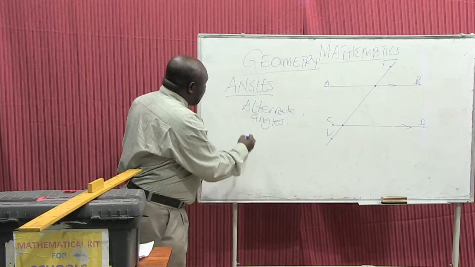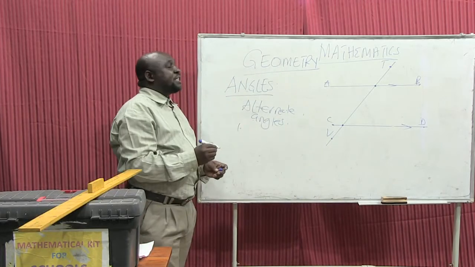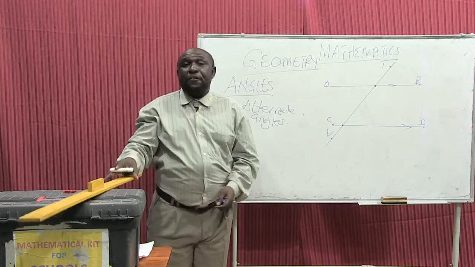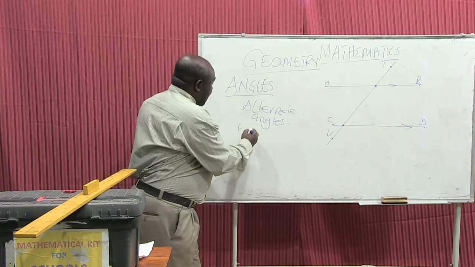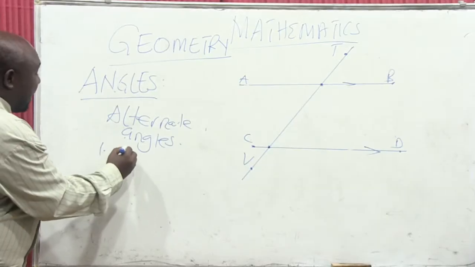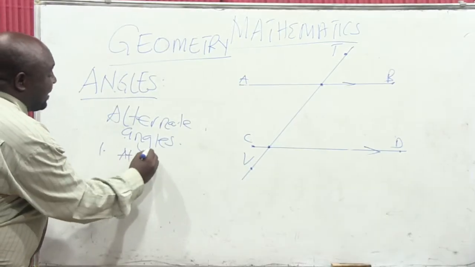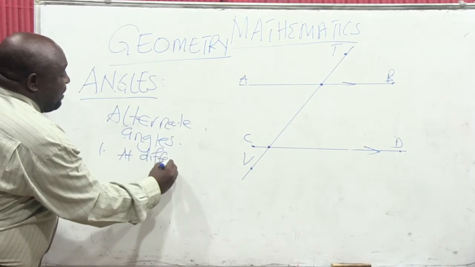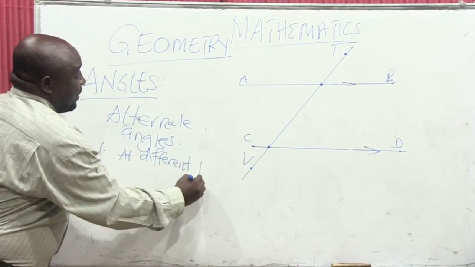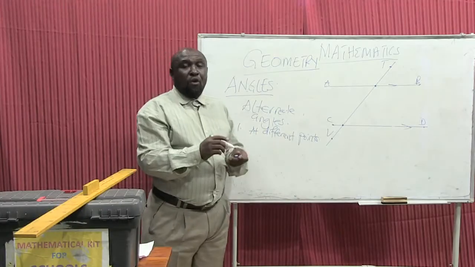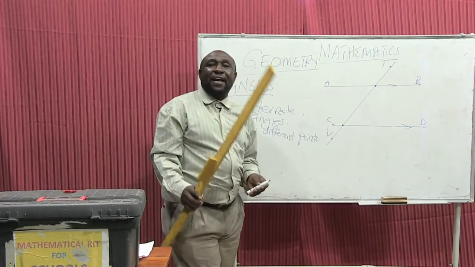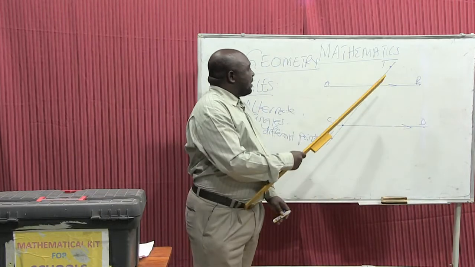Now the features of alternate angles. Feature number one for alternate angles: we say they are found at different points. Alternate angles are found at different points.